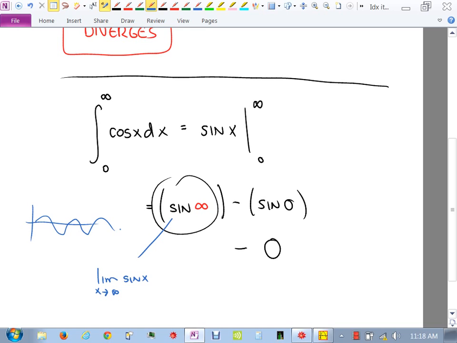It oscillates, so it's not headed to one place, right? So this limit right here doesn't go to infinity. This limit right here does not exist. And because the limit does not exist, this is divergent. So you know what I'm saying? If it goes to infinity, it's divergent. But if it doesn't go, it could still diverge.